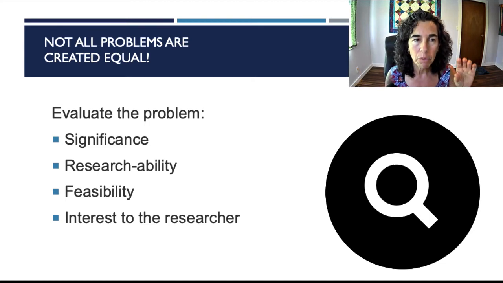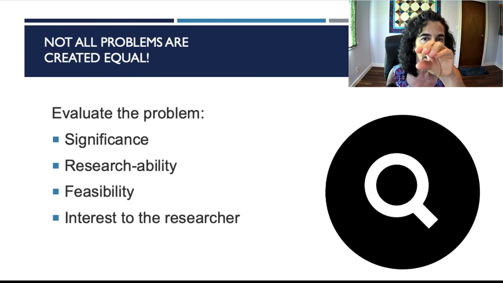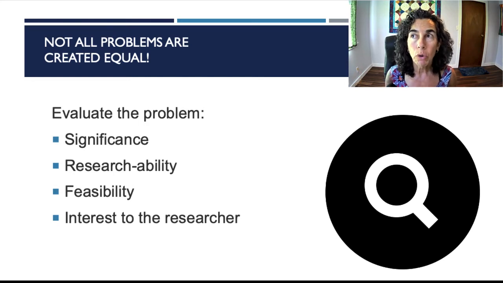So again, we're at that little beginning place of the literature review, but for the purposes of this process, you're going to be considered the researcher, and you're going to be looking at the whole thing as if you could conduct this hypothetical research study. So I hope that helps and makes sense.